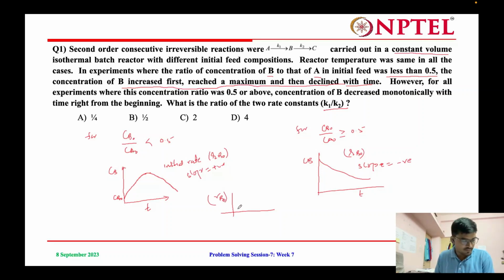Now the rate of B versus CB naught divided by CA naught.